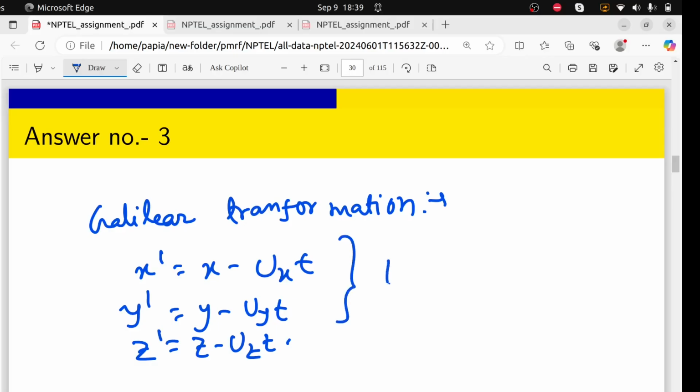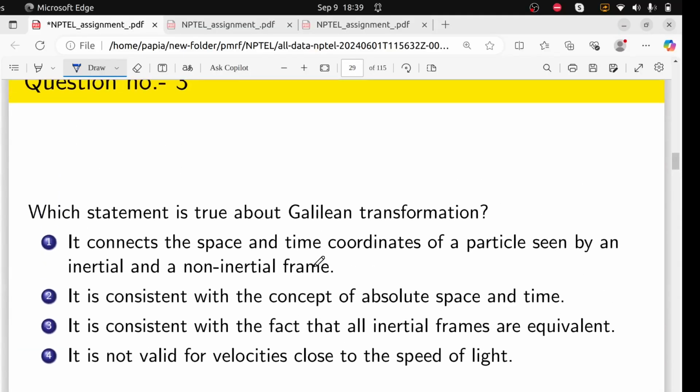Also t equals t prime in this case. Now coming to the question.